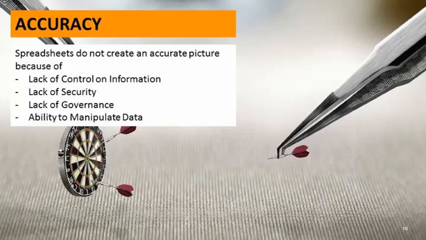The second area is accuracy. Spreadsheets, unfortunately, cannot ever create an accurate picture of the information that they're analyzing, purely because of the lack of control on information.